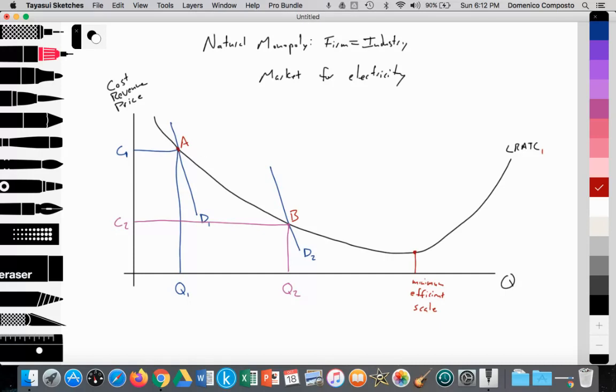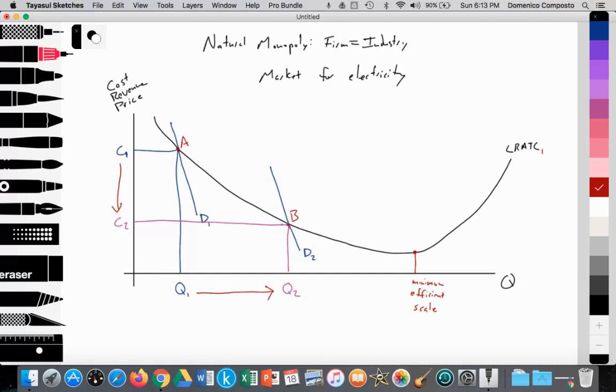So over time, this firm continues to invest in building larger economies of scale to meet an increasing demand as the population of a city, state, or nation that's demanding electricity rises. So over time, we see that the demand increases from D1 to D2, intersecting with LRATC at point B. And we notice that the cost of production has fallen from C1 to C2, while output has increased from Q1 to Q2.